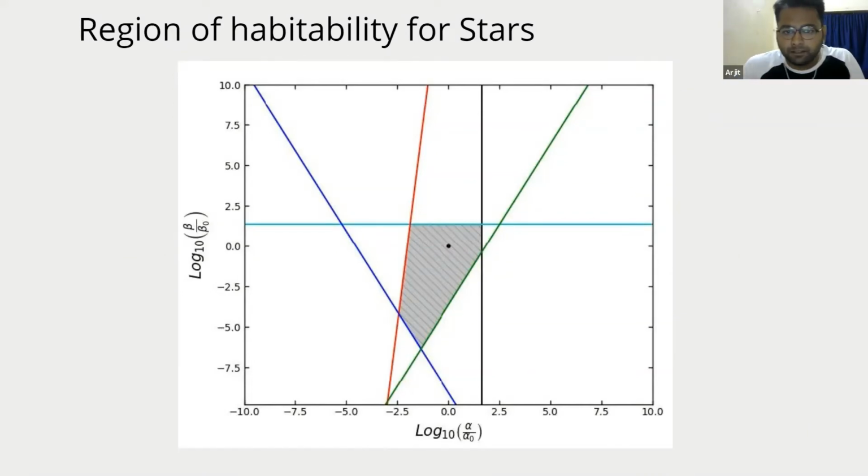This black line and the cyan line have already been discussed by Shrijan in earlier particle physics stages. The blue one restricts stars from burning all of their fuel at once, and the green one requires the minimum stellar mass to be less than the maximum stellar mass. The black dot, as usual, is the position of our universe's condition, and the shaded region gives the habitable region for other universes to have their stars.